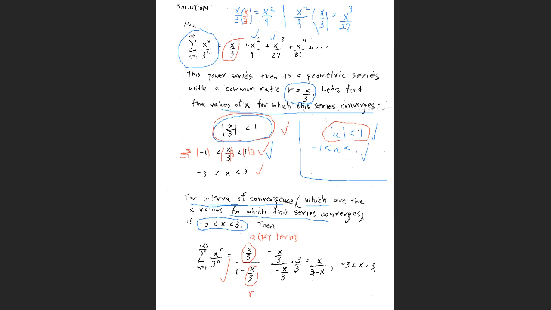And WebAssign would accept that answer, but you could certainly multiply the numerator and denominator by 3 just to clear out the fractions. And then the sum of the power series is going to equal x over 3 minus x, so long as x is between -3 and 3.